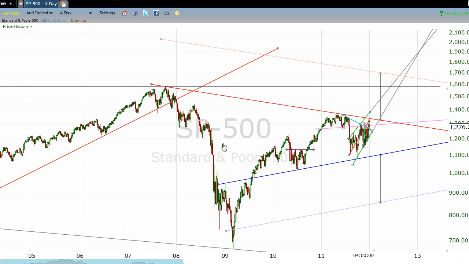I've always thought that in a perfect world we would get a third tag on this top line. So I'm not making a prediction. I'm just saying, conditional upon getting over this red line right here, the market could be poised to come up and retest those all-time highs in the S&P.